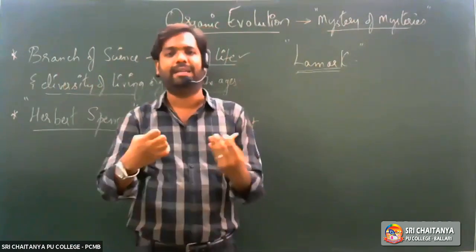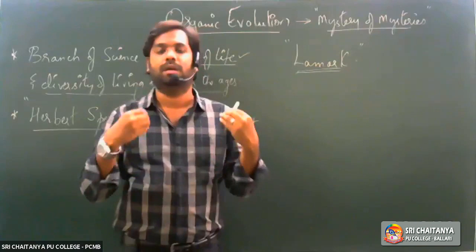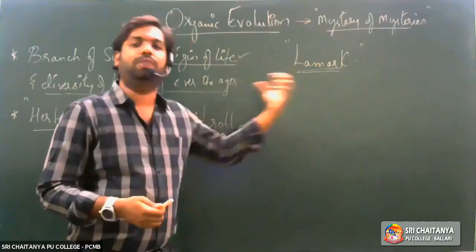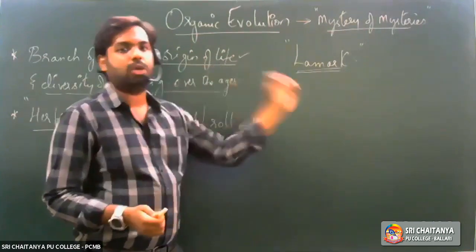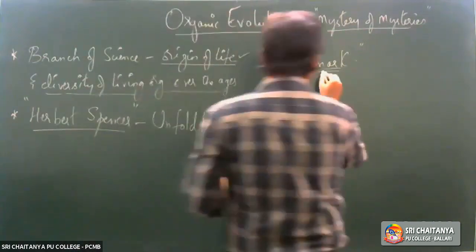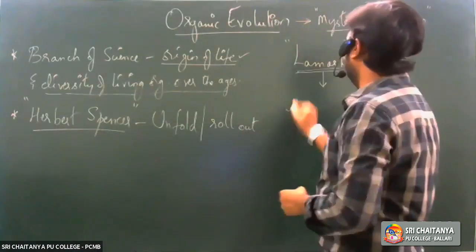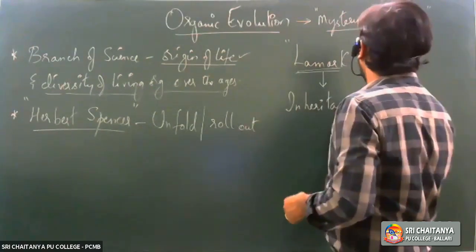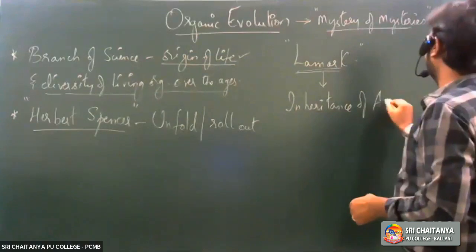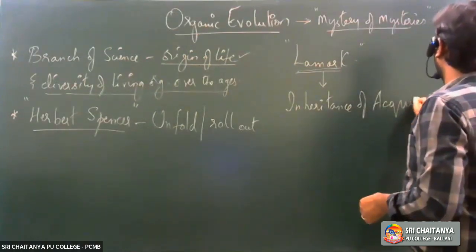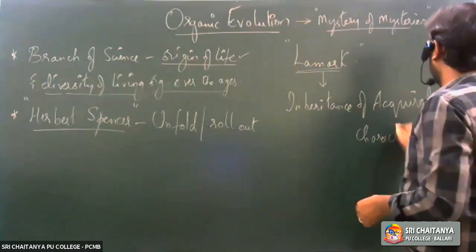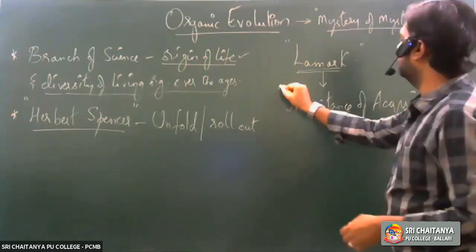He wanted to identify what could be the reason for evolution or diversity of living organisms. In that context, he came up with a theory called inheritance of acquired characters.